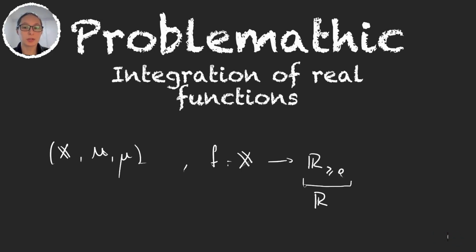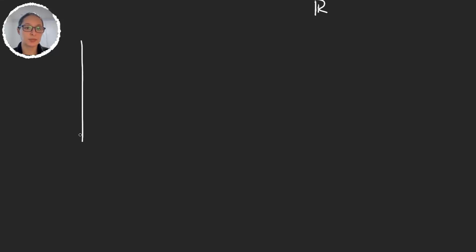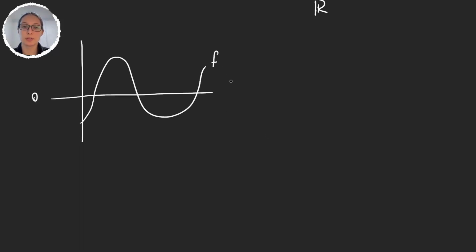So what we're going to do for this is, let's say that our function is something like this. So if this is 0, and let's say that this is a function f, so obviously f is not non-negative. What we're going to do is first check where this function is negative. And once we have these two sets, what we will do is just consider the reflection, so minus f in the places where this function is negative, and then also consider the places where the function is positive.